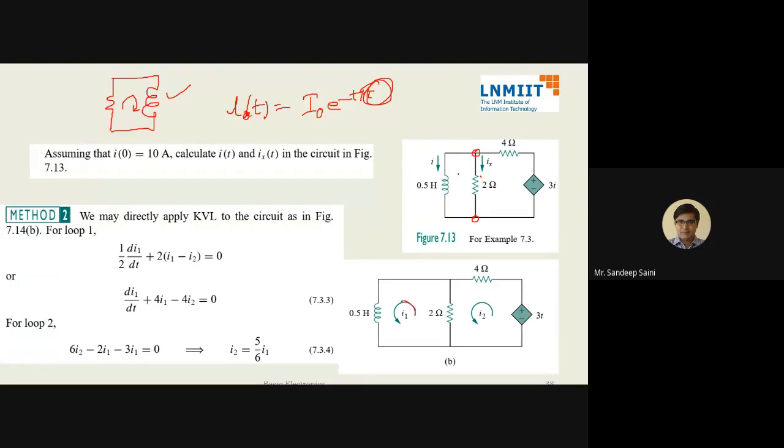So I take this as my current 1, current 2, and apply KVL. In mesh number 1, what is the drop across 2 ohm? 2 into I1 minus I2. What is the drop across this? L dI by dt. Okay, 1 by 2 dI1 by dt plus 2 times I1 minus I2 equal to 0. And what will be the KVL for loop number 2?